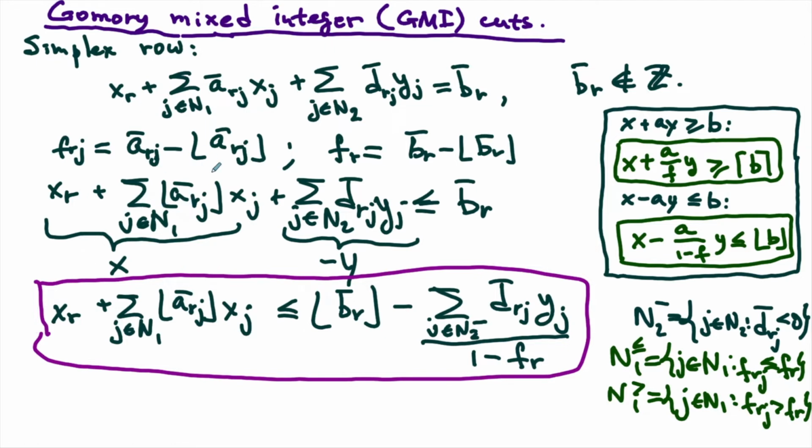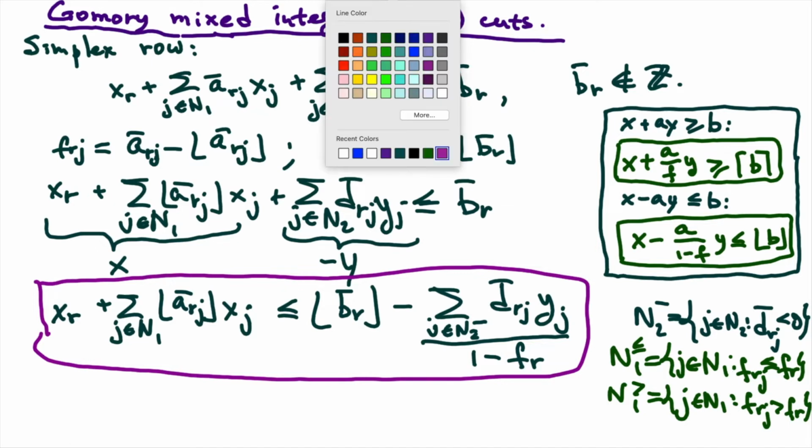So we are going to split this sum into two, corresponding to the index set N1 less than or equal to and N1 greater respectively. And then for the variables corresponding to N1 less than or equal to, we are going to treat them in exactly the same way as before. Whereas for the remaining coefficients, we'll use a different way of representing them.